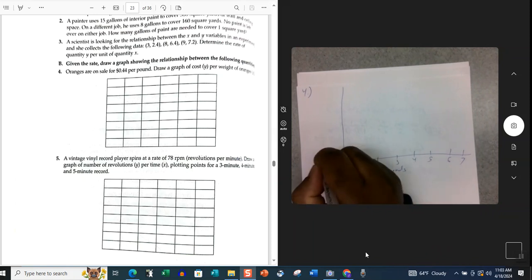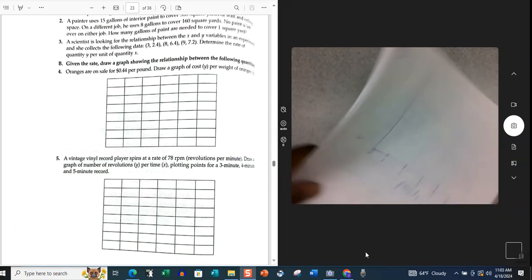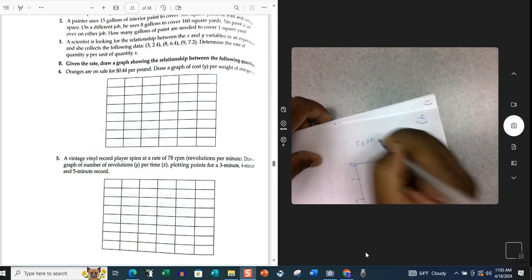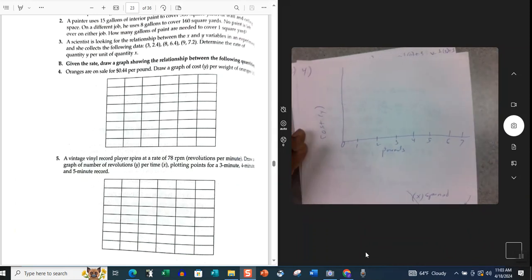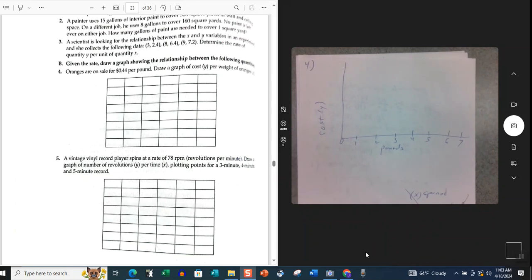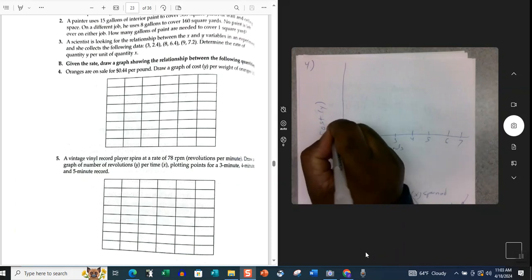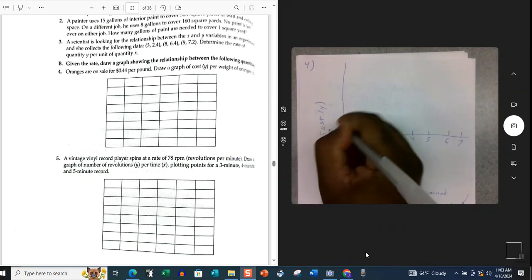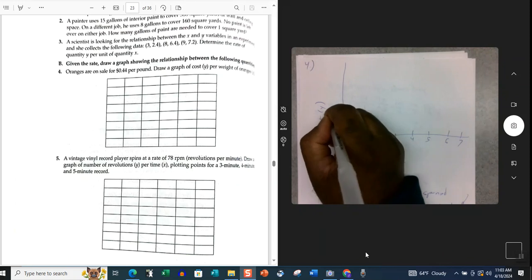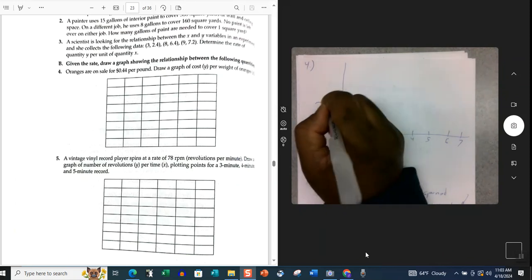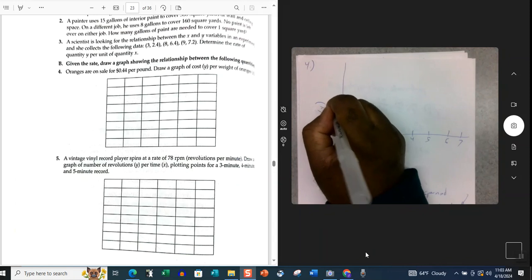Now we do cost. Cost we know would be our Y. Since we know it's 44 cents per pound, what I like to do is use the numbers that are given to us. So I do the 44 cents, and then I double that and make that 88 cents. And then triple that will be, I do believe, $1.32.